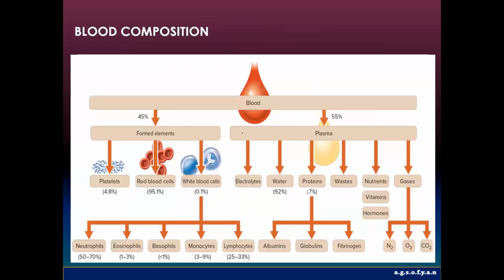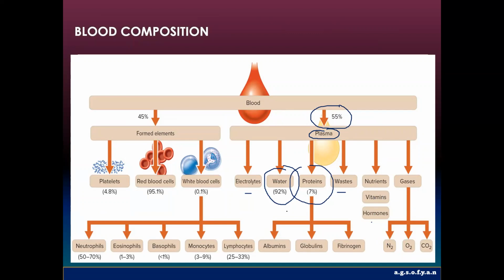Again, this is a diagram telling us that if we take a blood sample and centrifuge it, it separates into two main components. Mostly it is the matrix, 55%, which is called the blood plasma. This consists mainly of water, then proteins, and the rest is electrolytes, waste, nutrients, vitamins, hormones, and gases, mostly oxygen, carbon dioxide, and nitrogen.